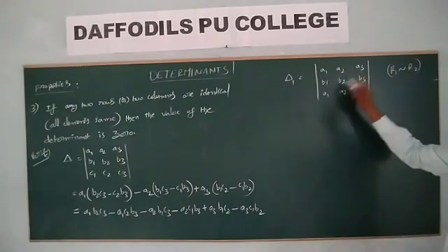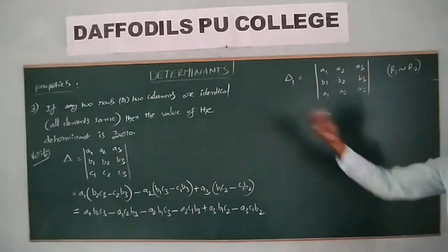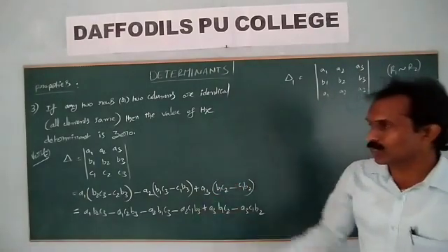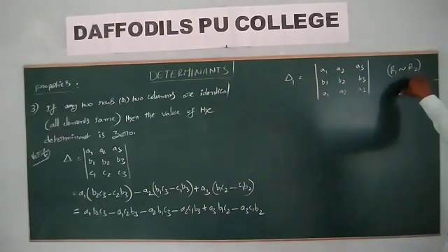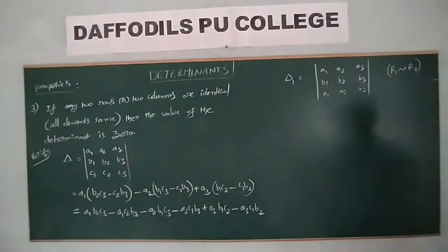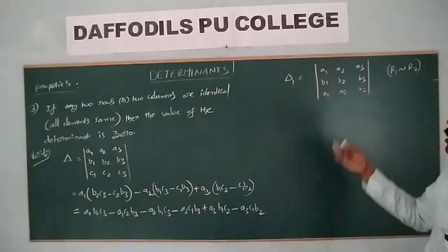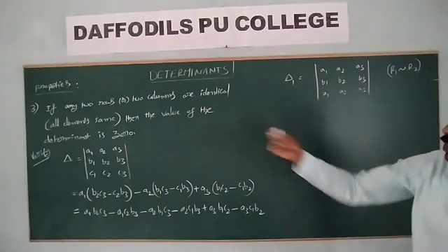So A1, A2, A3, A1, A2, A3 are the same, meaning all elements are the same. Suppose two rows or two columns are identical; this value is the same. The answer is 0.